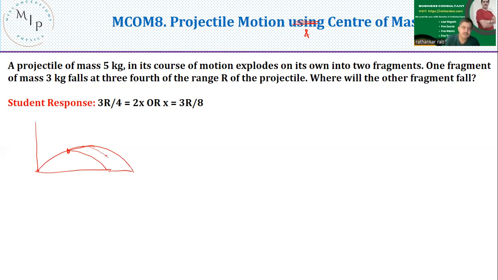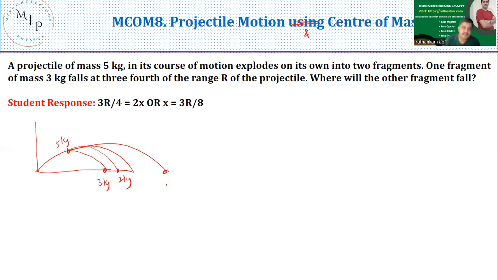A particle of mass 5 kg explodes on its own into two fragments. One fragment of mass 3 kg falls over here. The other fragment of 2 kg falls somewhere. Let me assume it's falling over here. I do not know. It may fall here, or it may take a path like this and fall over here.